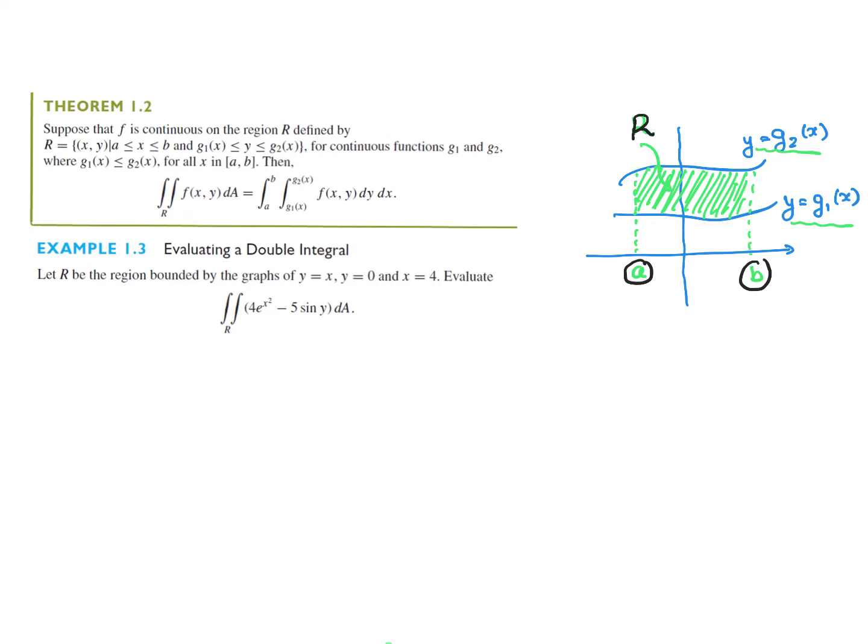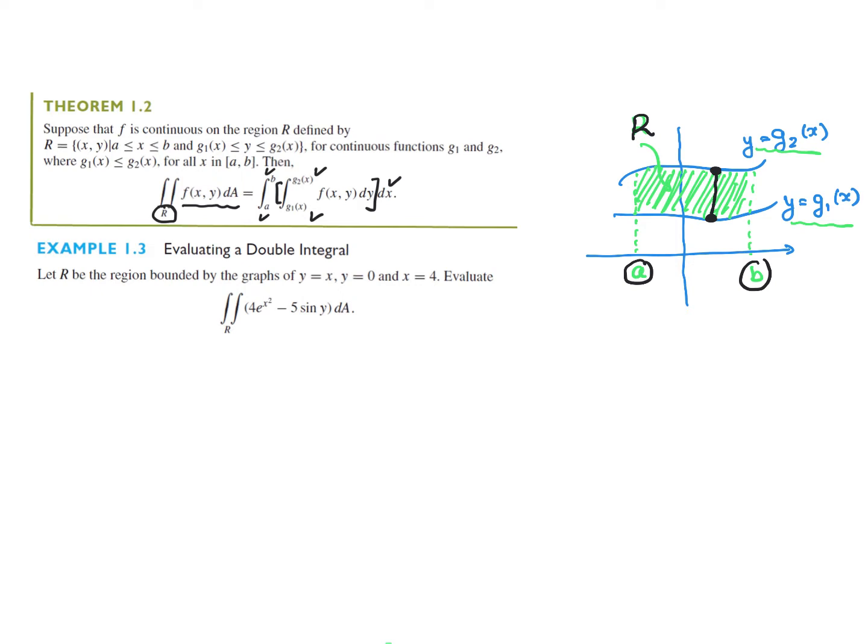In this situation, the way we integrate the function f in the region R is to integrate first with respect to y from g1 to g2, and then the second step is to integrate with respect to x from A to B. So these are the two steps that need to be followed to find the integral in this situation.